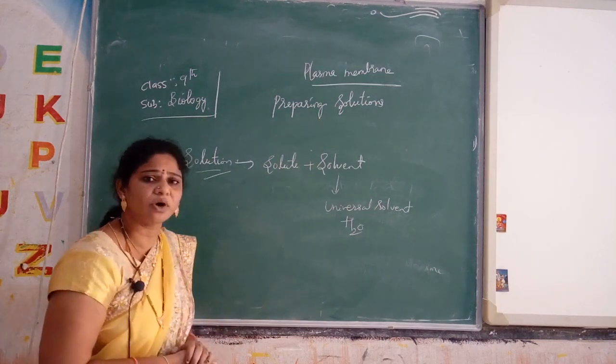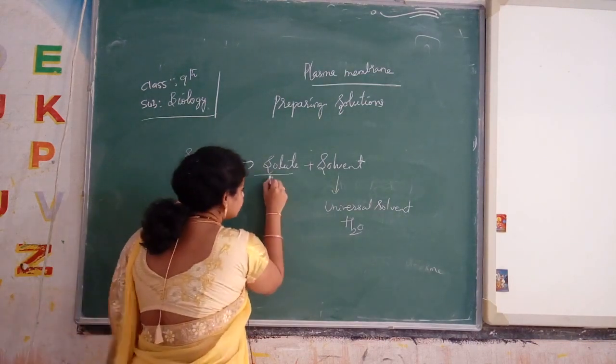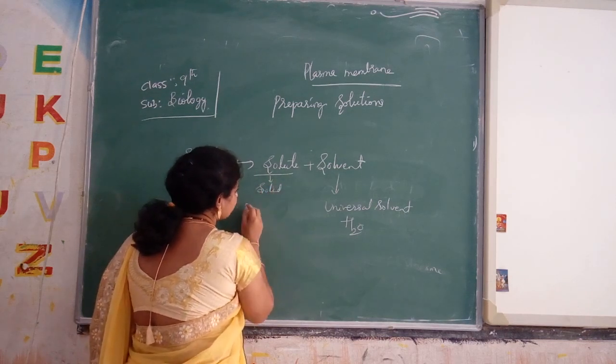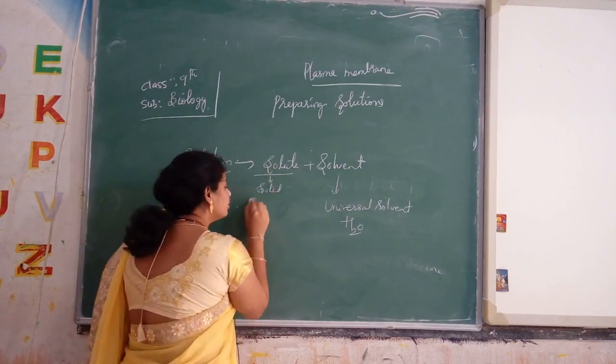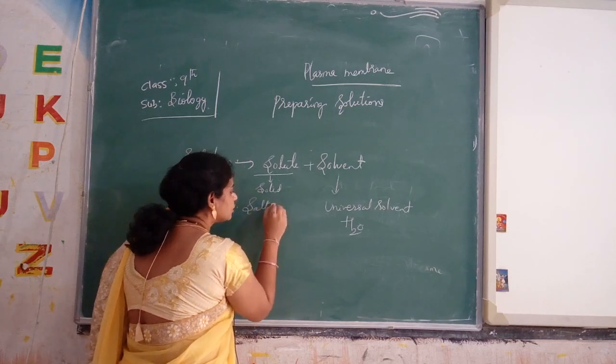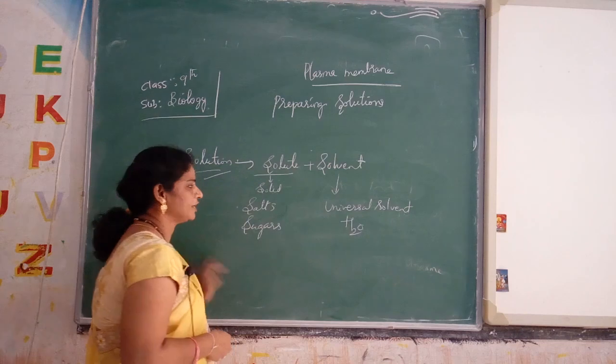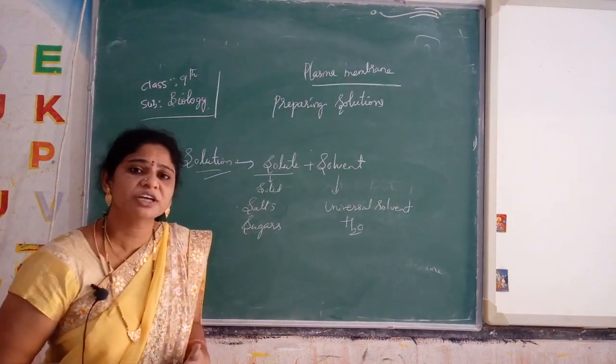The liquid part we call the solvent. The solid one that we mix in, we call the solute. Solutes like salts, sugars, or any solid chemicals can be mixed in the solvent.